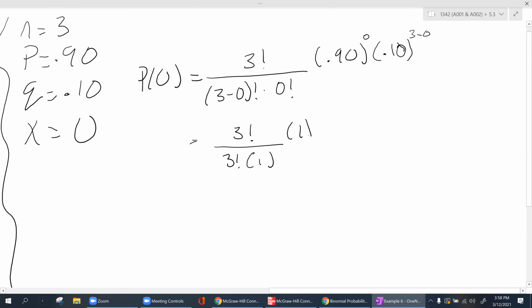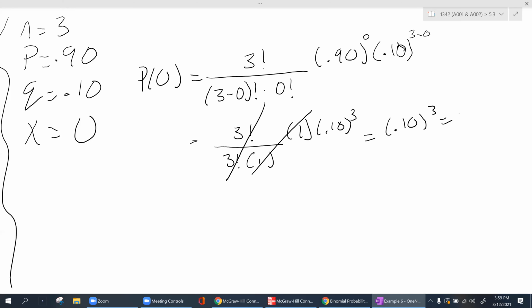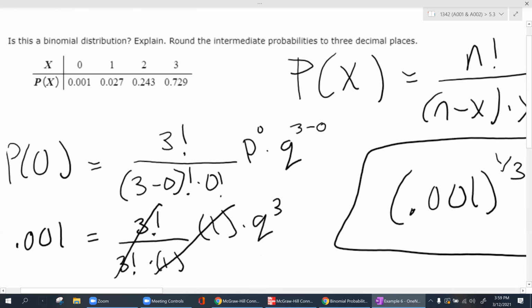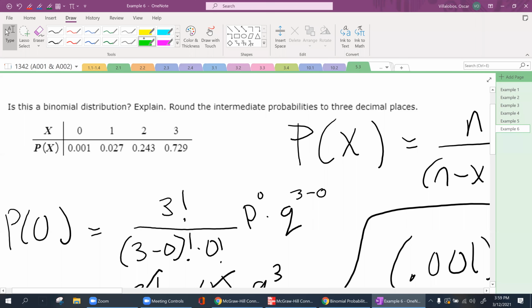We said anything to the 0 power is just 1, times 0.10 to the third. These cancel out, because 1 over 1 is just 1. So I get 0.10 to the third power. This gives me 0.001, and our job is to see if this matches that. It does match. Yay, so that's complete.